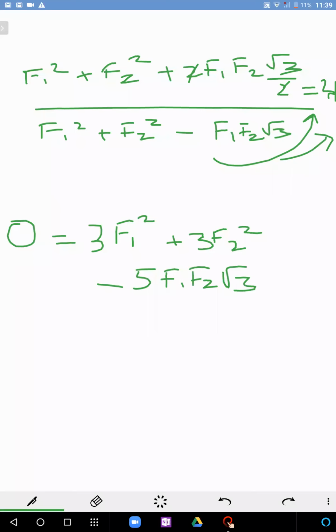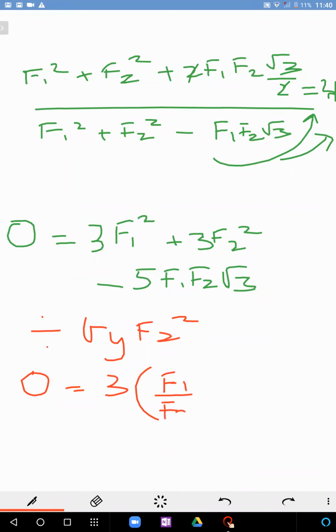So how do you treat this as a quadratic equation? Basically, थोड़ा सा simple सा trick है. This may not look like a quadratic equation like this, but if you divide both sides by f2 square, it suddenly becomes a quadratic equation. And these are small tricks students learn in maths.